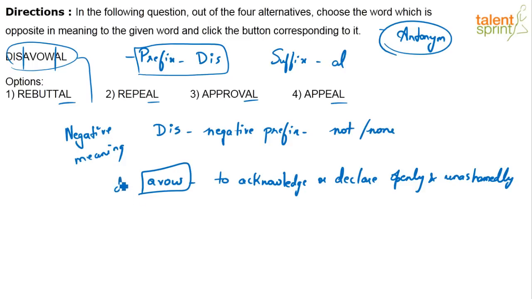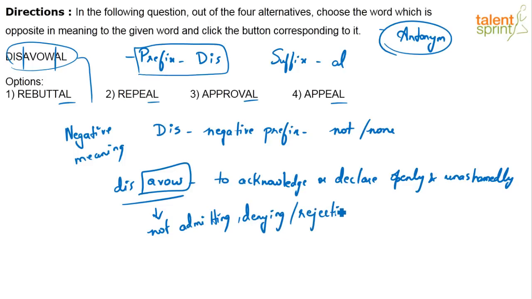So if I add dis to this, what meaning does it give me? To declare or acknowledge openly or unashamedly. So disavow means not to do that, right? Not admitting, denying, rejecting, contradicting. So in fact, I think Gautam, right, rebuttal in fact would be a synonym for disavowal.